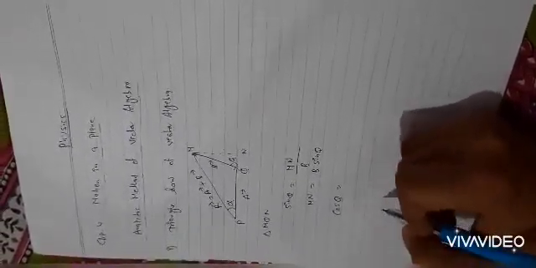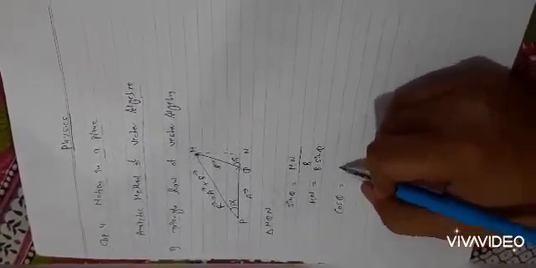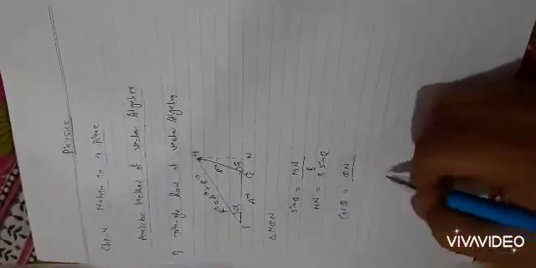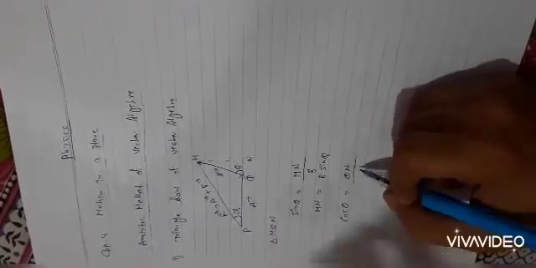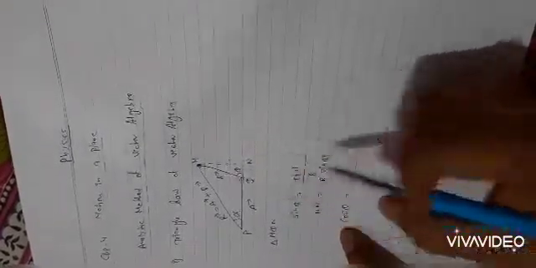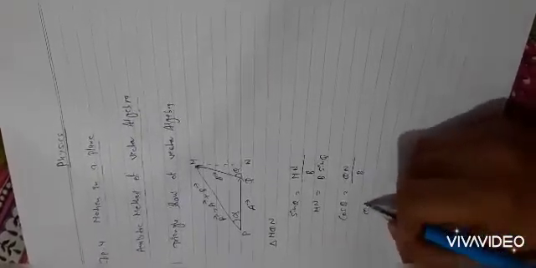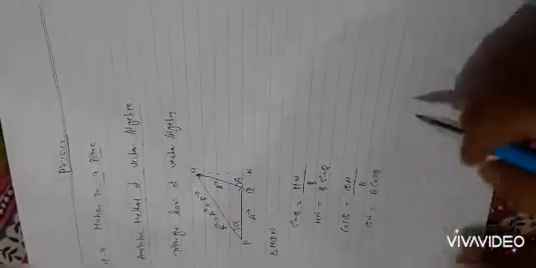So what is cos theta? Cos theta is base by hypotenuse, that is QN by B. So QN will be B cos theta.